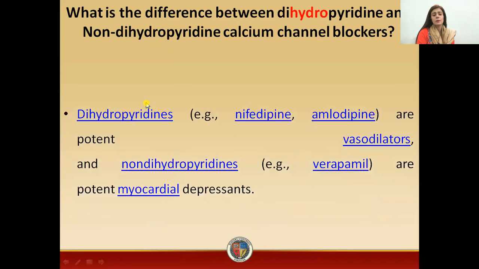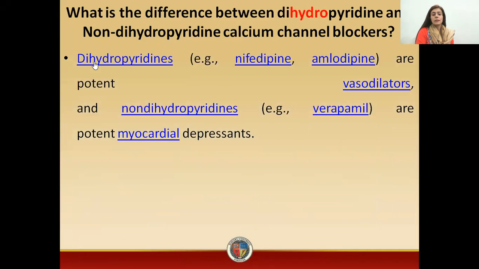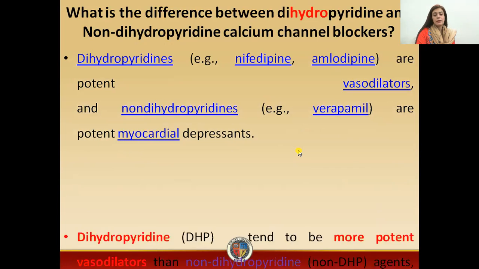The answer is very simple. Basically, the dihydropyridines, which include nifedipine and amlodipine, are potent vasodilators. These are the calcium channel blockers which act on the vessels, on the arteries. While the non-dihydropyridines, which include verapamil, are the drugs which act on your heart, resulting in a myocardial depressant effect.